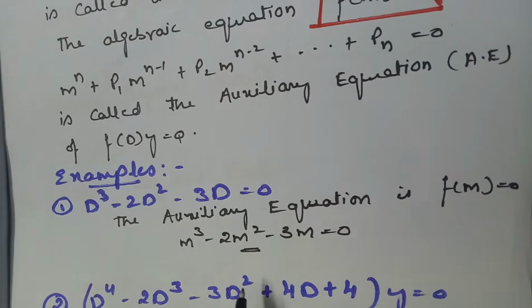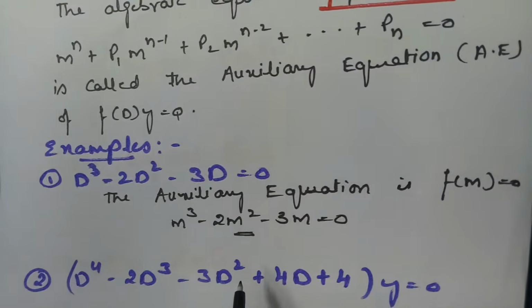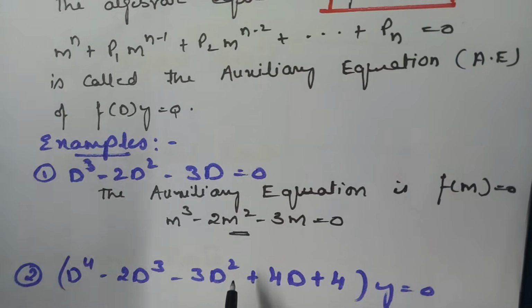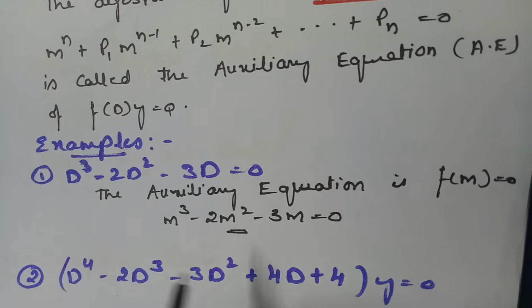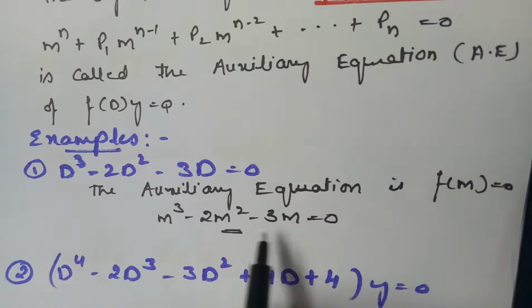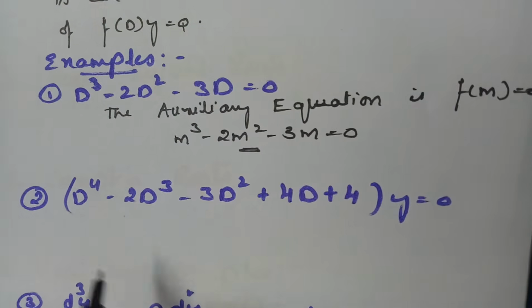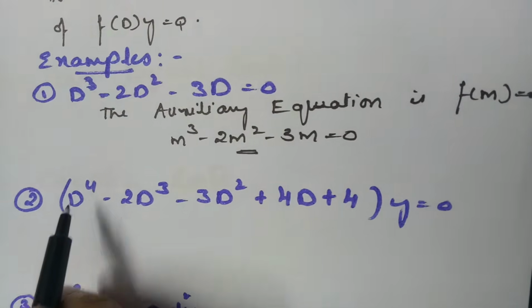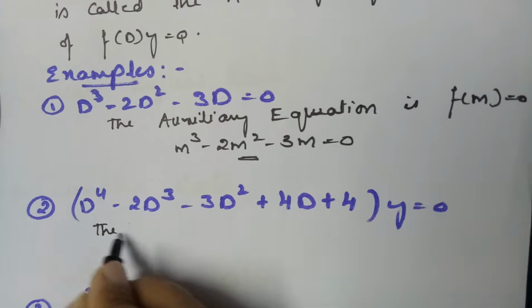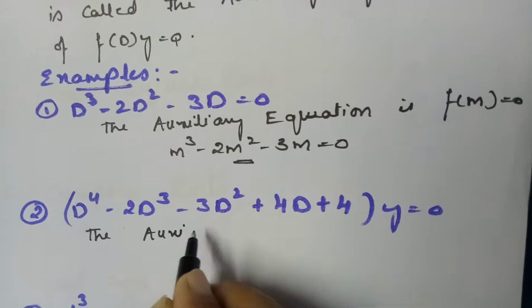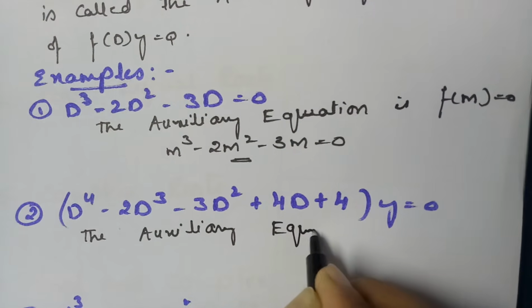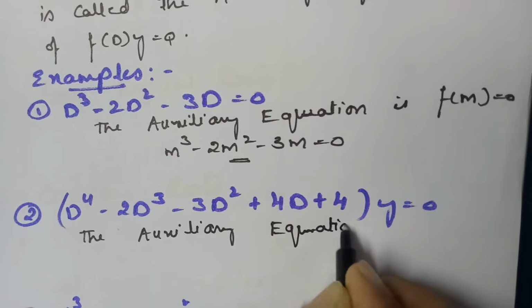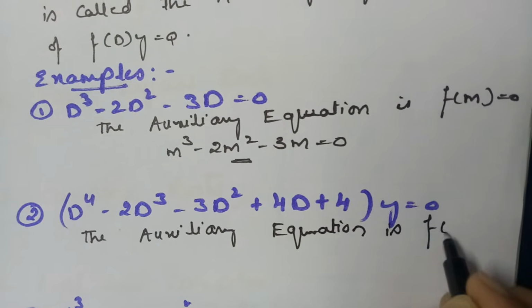I'll solve it in my next videos and completely show what the roots are and how to write the complementary factor. Right now I am just showing how to write an auxiliary equation. So this is also an equation of order 4. So what is the definition of auxiliary equation?